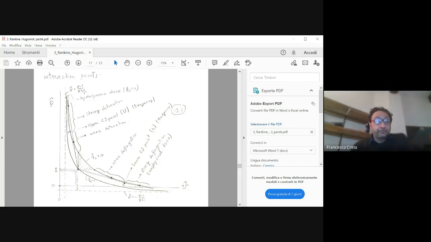Now, on the other hand, detonations have two solutions here. A weak detonation, which is over here, and a strong detonation, which is over here. And that's just about the story that I want to tell you now. We'll get to the details in a second.